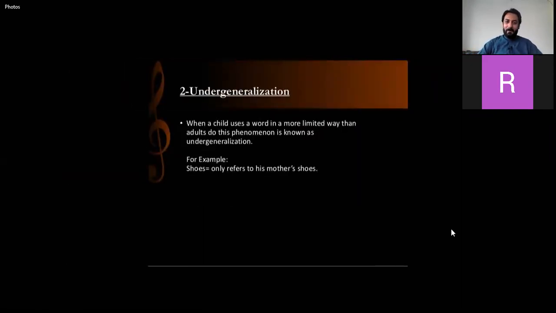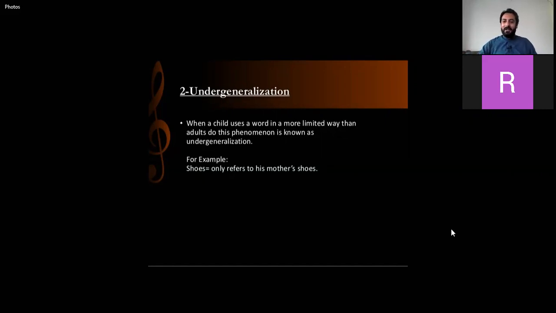Undergeneralization means the limitation of a rule to its proper limits. It means you have decreased the limits of a rule. For example, when a child says shoes, he is saying the shoes of his mother.